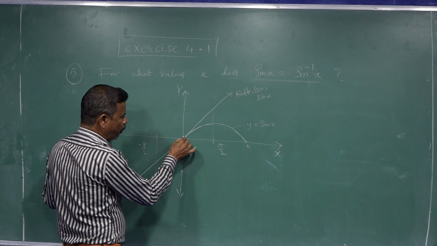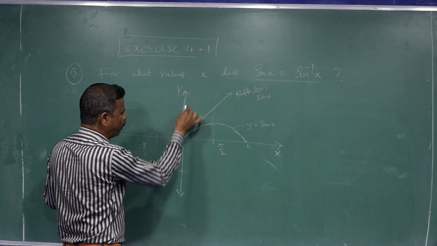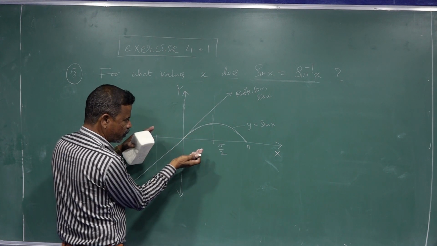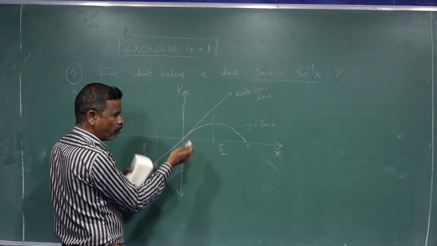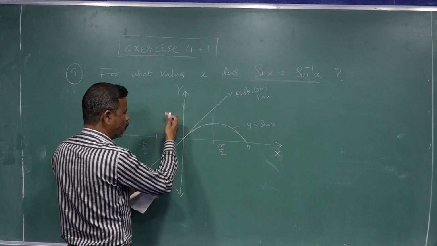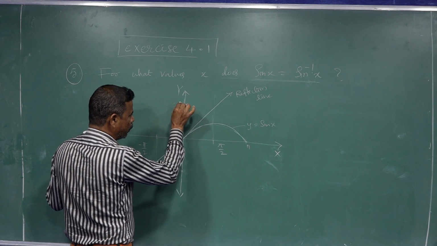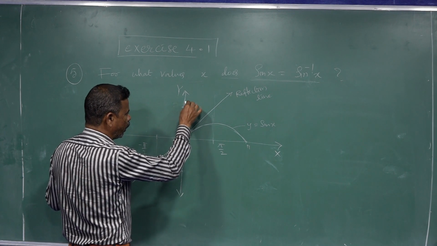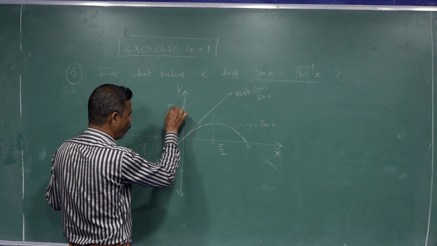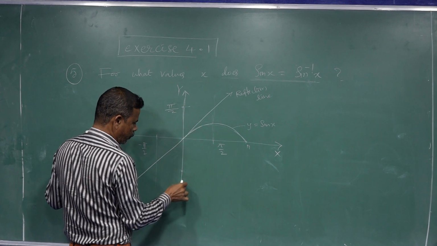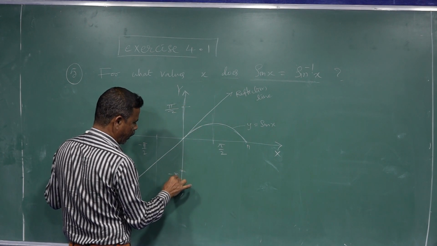And this side is the sin inverse x graph. Suppose this x-axis and y-axis rotate 90 degrees, this diagram is interchanged. So then these values now: here π/2, here minus π/2, like that.